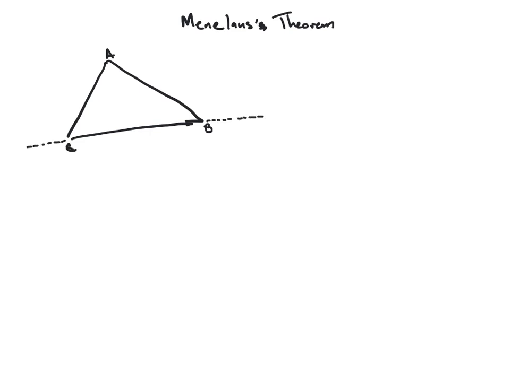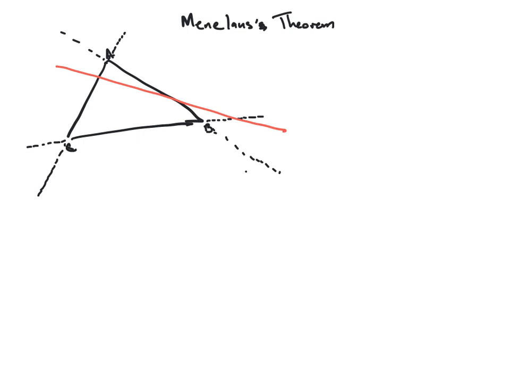So if you're in GeoGebra, you can just construct a triangle and then construct lines through every pair of vertices to see how this goes. Okay, and then I can construct a line that intersects these three sides, possibly the extension of the three sides.